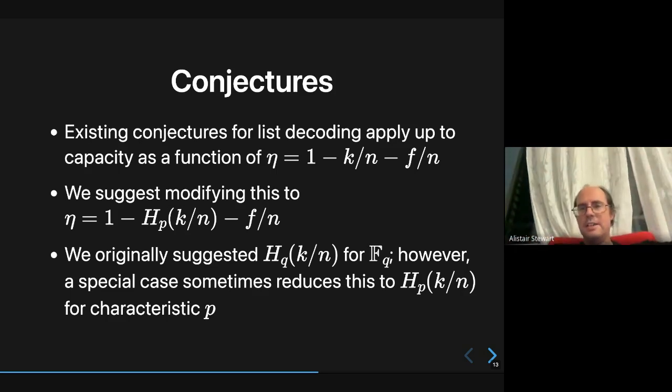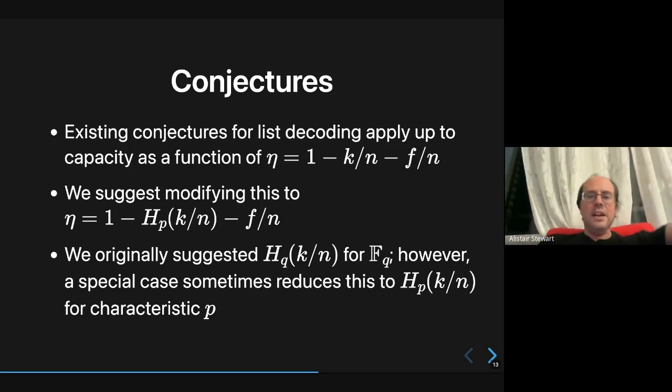So if the smaller thing has big lists, then so does the larger thing. It's obvious because one is contained in the other, and the list is not going to get any bigger if you add more elements. And as a result, the list decoding capacity bound for the smaller field applies.